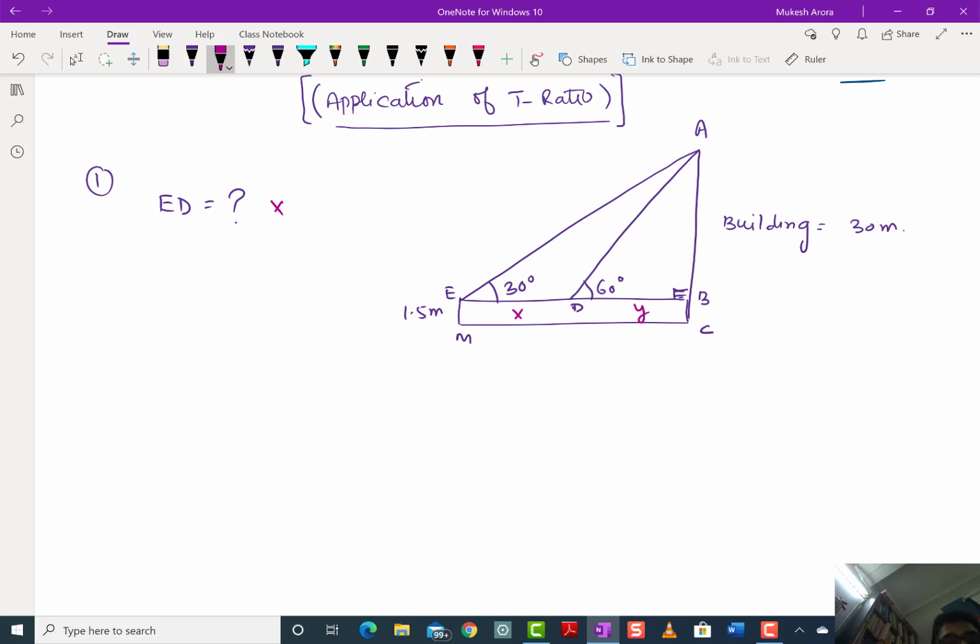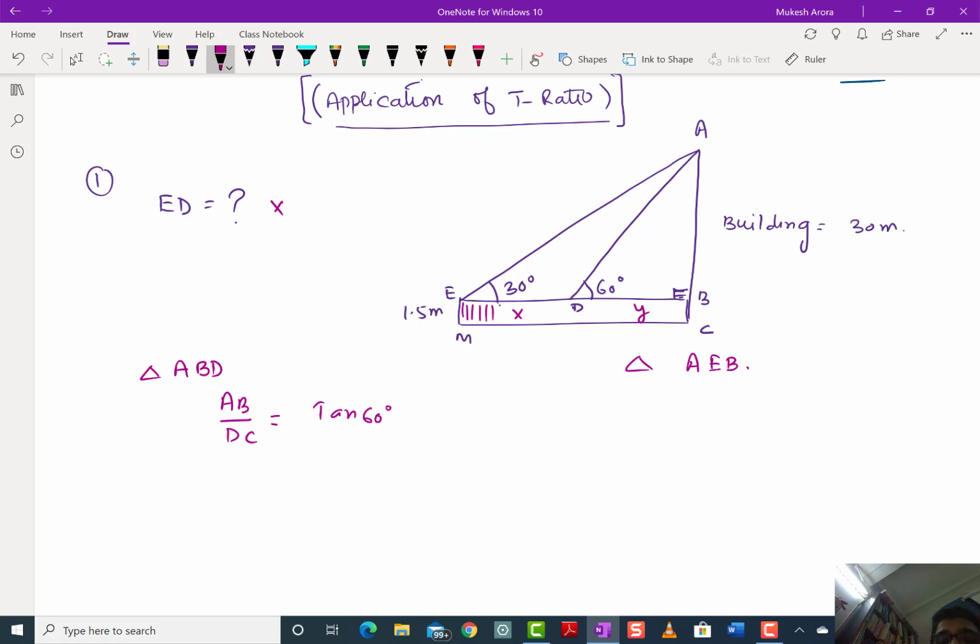Now there are two right angle triangles. First right angle triangle is ABD and second right angle triangle is AEB. So here we will write AB upon DC is equal to tangent 60. Why we will take AB?